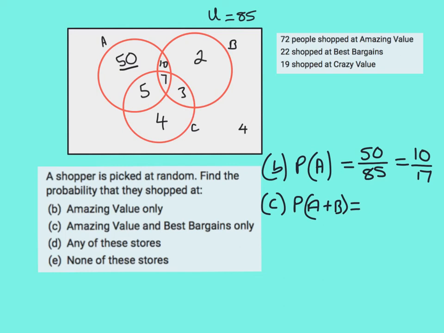It is amazing value and best bargains. So that is going to be this section here that overlaps. So that is going to be 10 over 85. And again, you can pop that into your calculator. You will get 2 over 17.